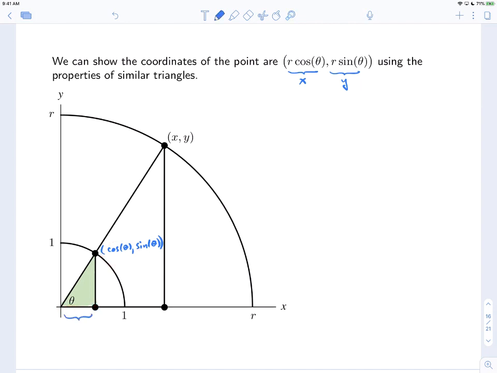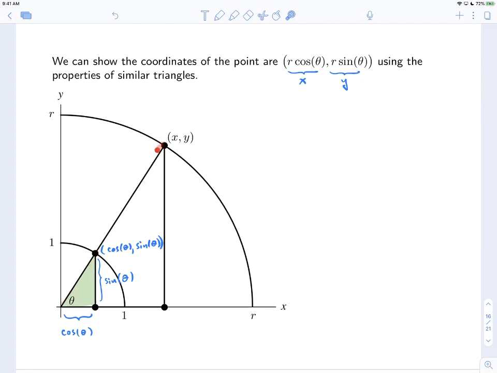So this length right here is cosine of theta. And the y-coordinate tells you how high up you are. So that means that this length here is sine of theta. Now notice that this larger triangle is similar to the smaller one. So that means that the ratios of common sides are equal.